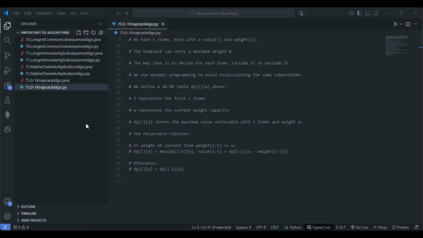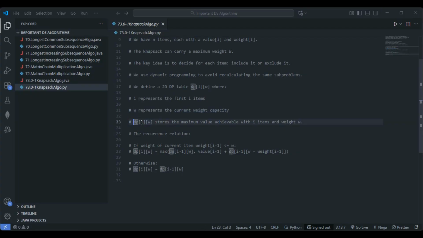We use dynamic programming to avoid recalculating the same subproblems. First thing here, we define a 2D DP table, right? So we'll be making use of the 2D DP. We define a 2D DP table, DP of I, W, where I represents the first I items and W represents the current weight capacity.